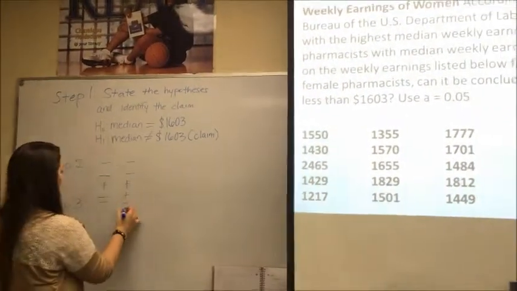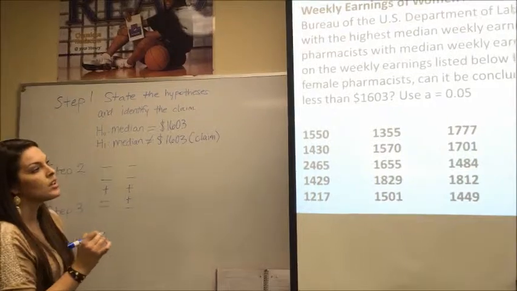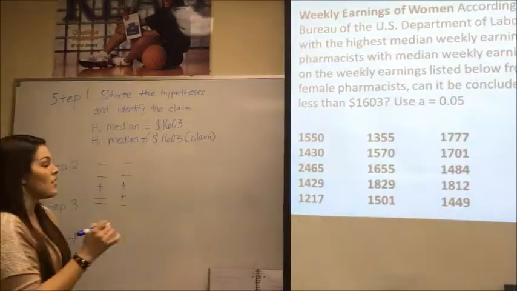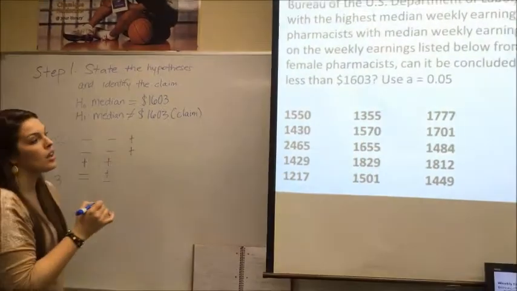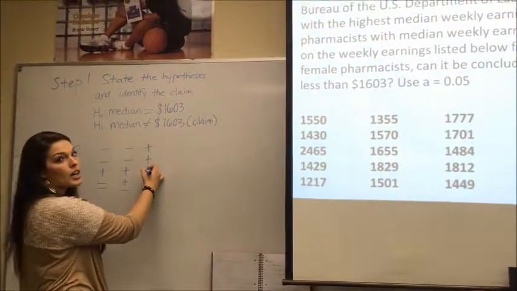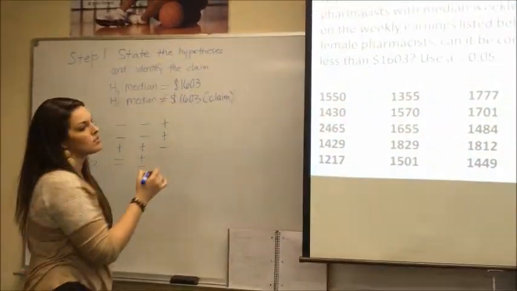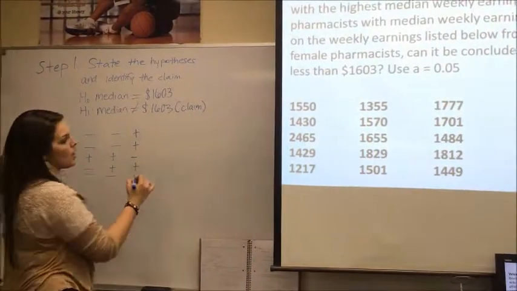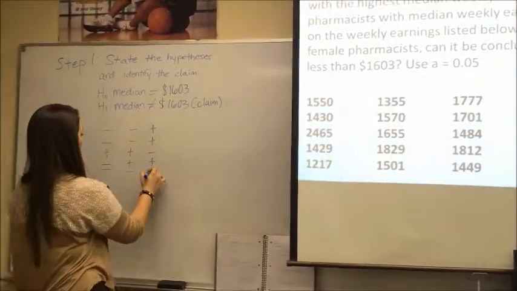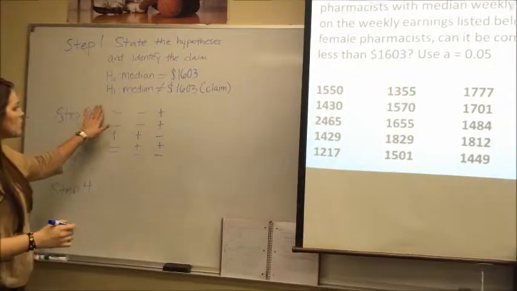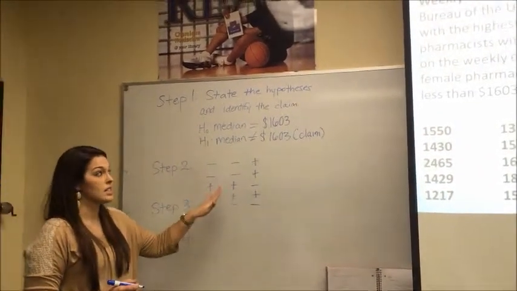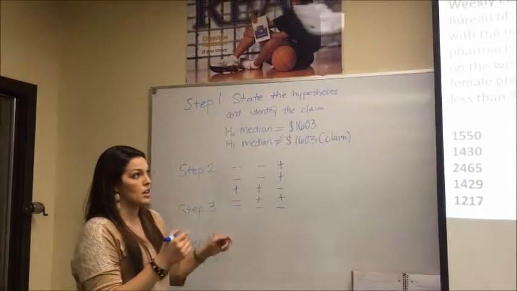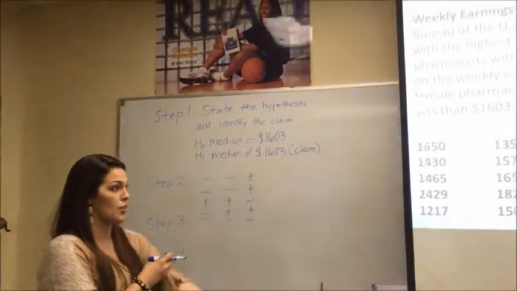And 1501 is less than. 1777 is greater than. 1701 is greater than. 1484 is less than. 1812 greater than. And the last one, 1449, less than. So here are all of our signs, and you see that we did not have any zeros because there was not a number that represented 1603.